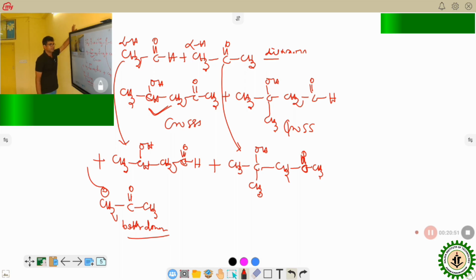So this is the intermolecular aldol condensation reaction, and if I heat this mixture, alpha beta unsaturated aldehyde and ketone are formed. Now let us take an example of a beta hydroxy aldehyde or ketone, and after heating, what major product is formed is to be discussed.